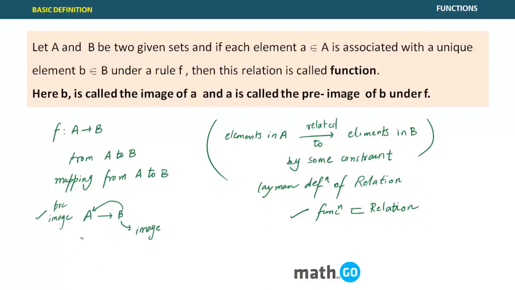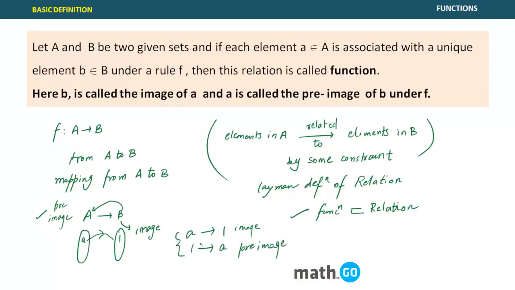For example, if there is a set which contains a number A, and another containing 1, and you are mapping such that A gives you 1 as the answer, I will say image of A is 1, or I will say pre-image of 1 is A. In one case you call it image, in the other you call it pre-image, right?